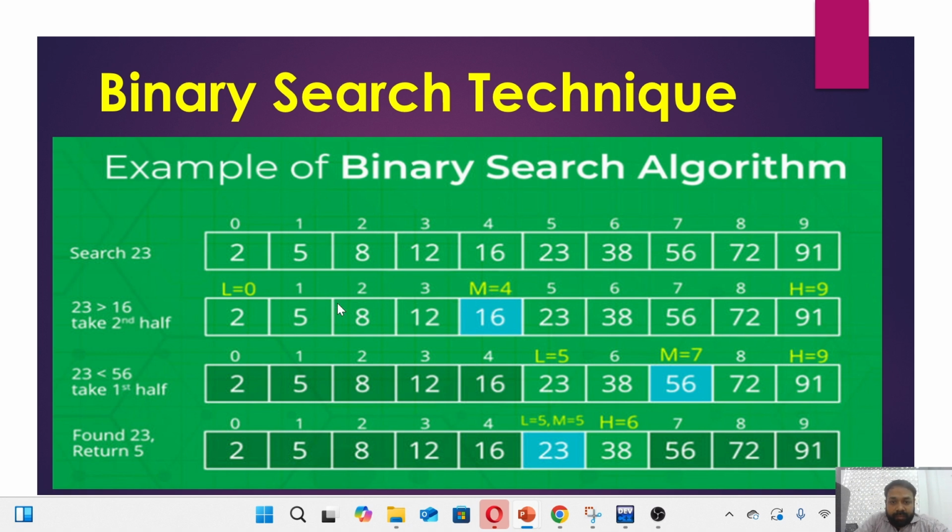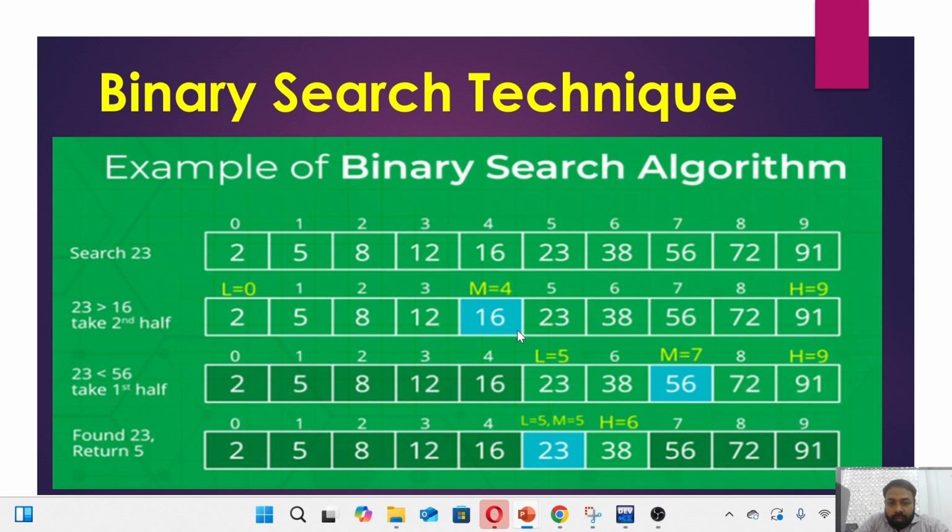Now you are looking at whether your element is in the first half or second half. Obviously 23 is in the second half. So you need to look for the element only in this area. You can ignore the entire first half, because you are very sure that 23 is not in the first half.